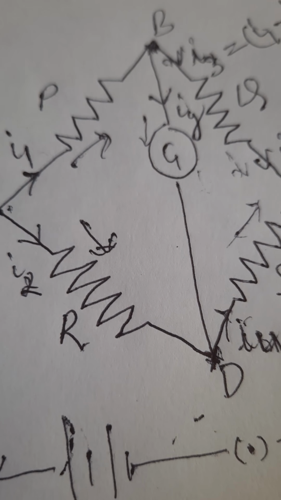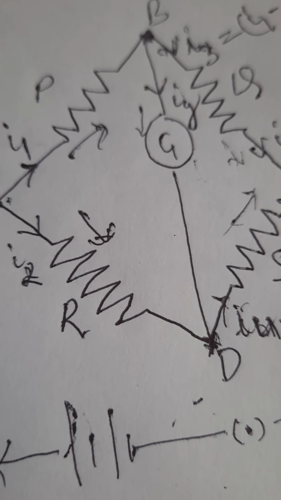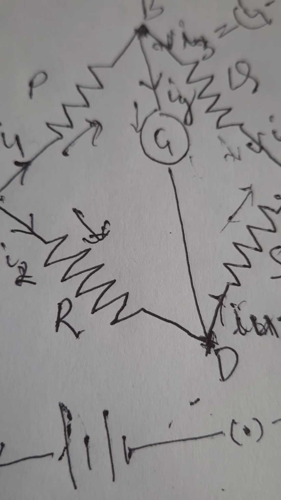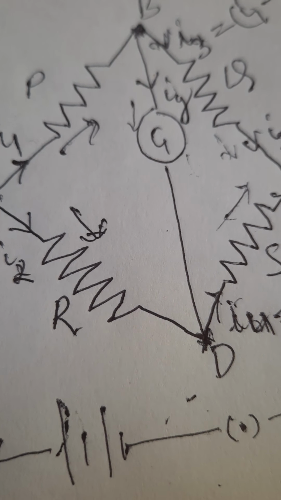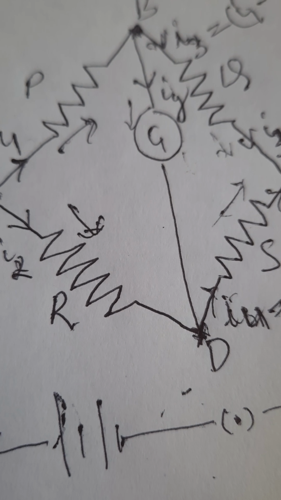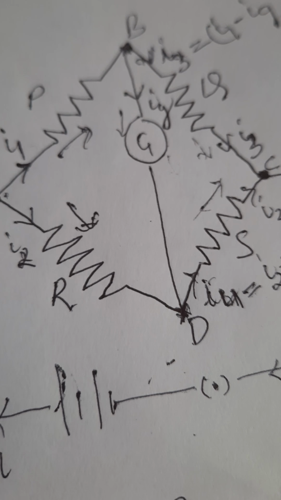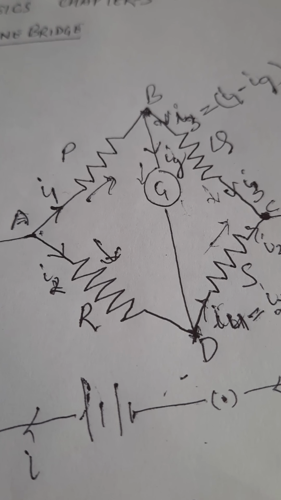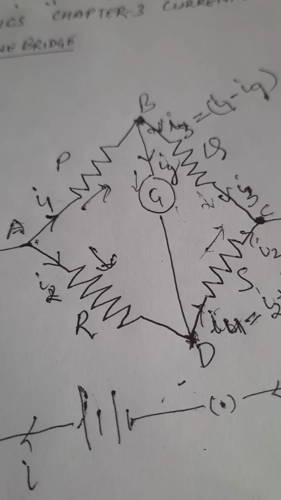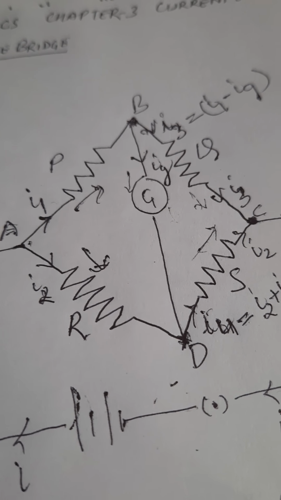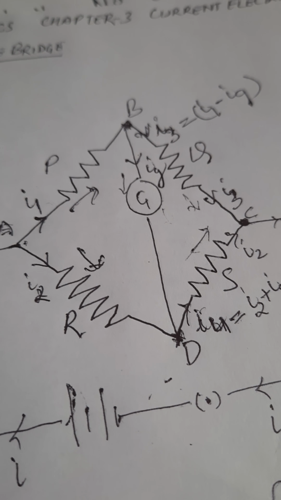Now, if we see the diagram, if no current flows through the galvanometer, then I3 is equal to I1 and I2 is equal to I4. So simply we can say this is ineffective. And if this condition exists in such a network, then no current flows through the conductor.